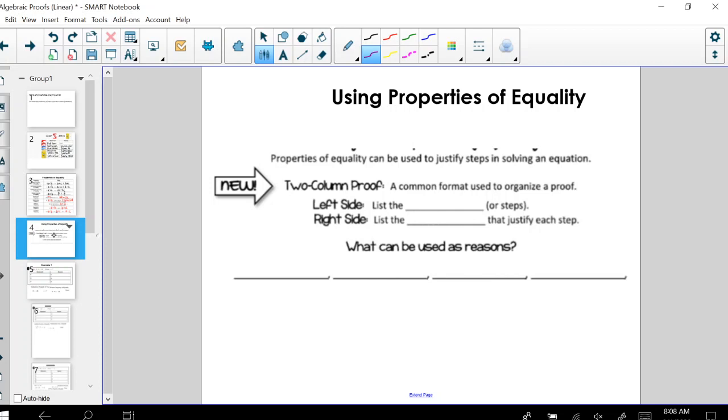So the left side is where we have our statements or our steps. And the right side is where we list the reasons that justify each step. So what rule do we have that we can use to justify? Now, for these justifications, we can use properties.